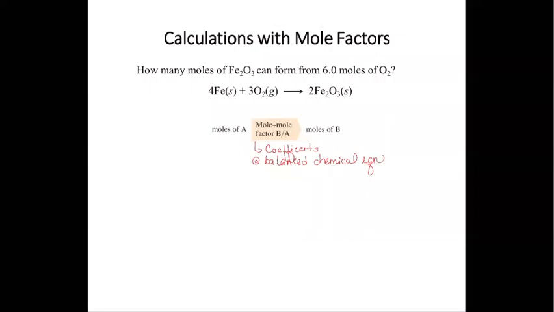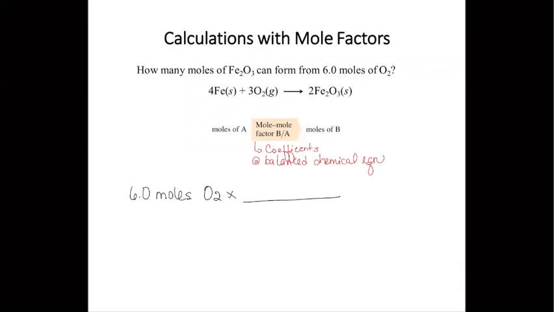The problem reads, how many moles of iron 3 oxide can form from 6.0 moles of O2? In these, you are always going to assume that you have enough of the other reactant in order to make that product. So we're going to write the value that was given to us, which is 6.0 moles of O2.